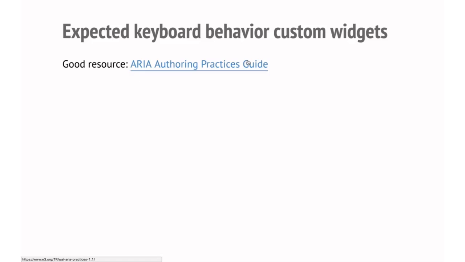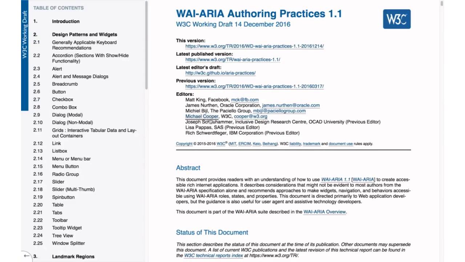But what happens when you have a more complicated widget, like for example, a custom slider or a tree view, like I just showed? How do you know what shortcuts you need for that? So the best resource that I can think of is the ARIA Authoring Practices Guide, which is continuously in development, but it's still, in its current state, a very good resource.